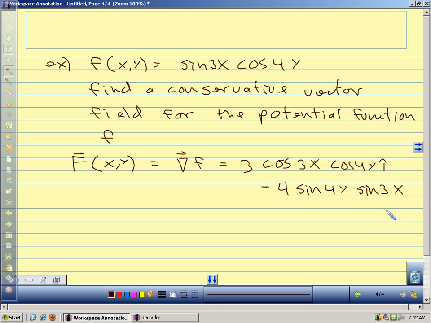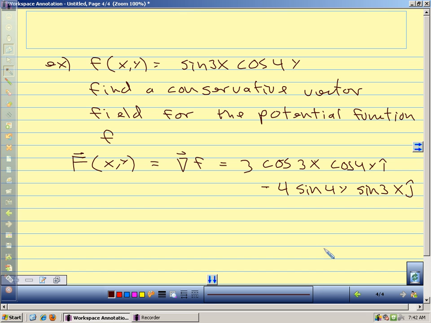This should be J. That would be our conservative vector field for this potential function. Capital F is the conservative vector field, and small f is the potential function.